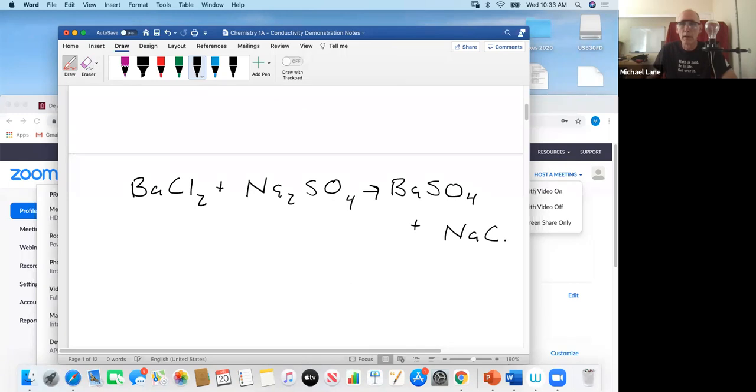We call this a double displacement reaction. The sulfate's going over here, the chloride's coming over there. So these are the products of that reaction.